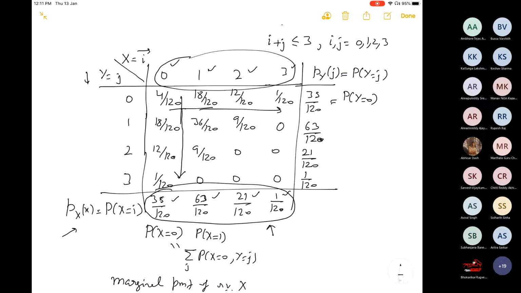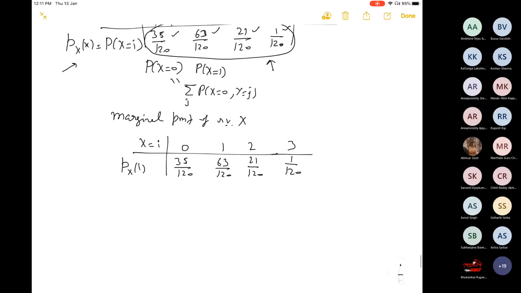Now once you have found the marginals, you can find out the conditional distribution also. Conditional probability mass function of x given y is equal to 1. Let me say I want to find out this.